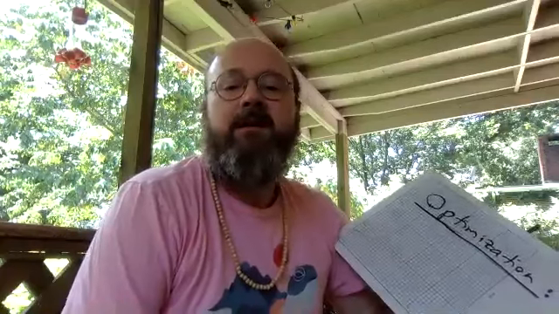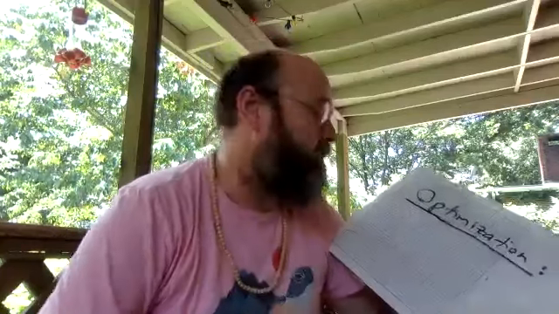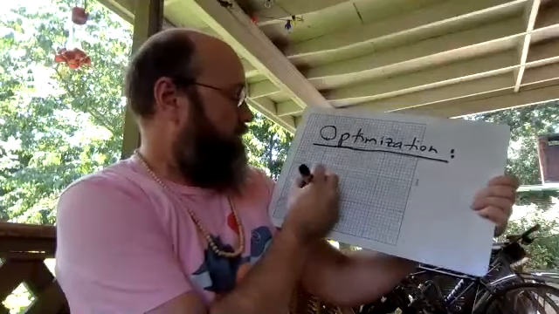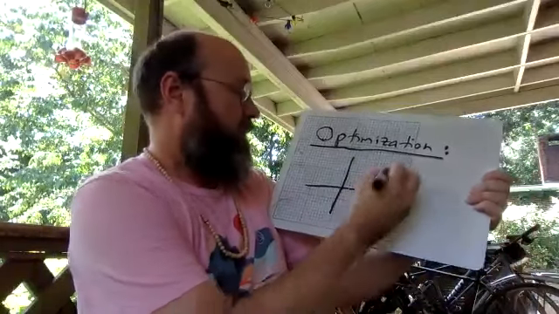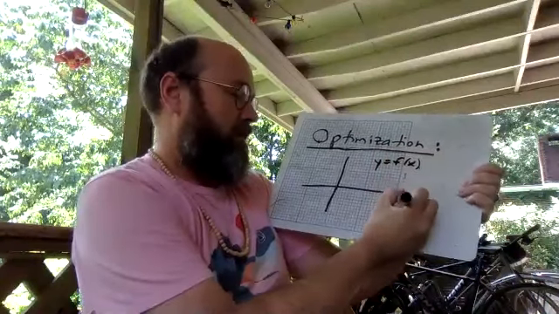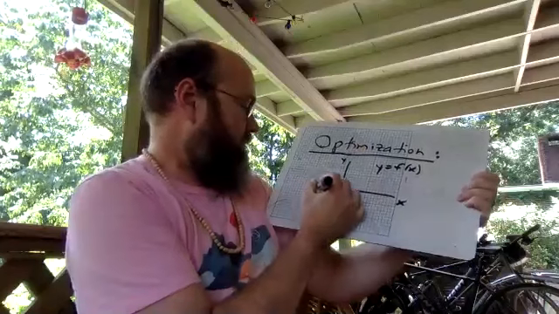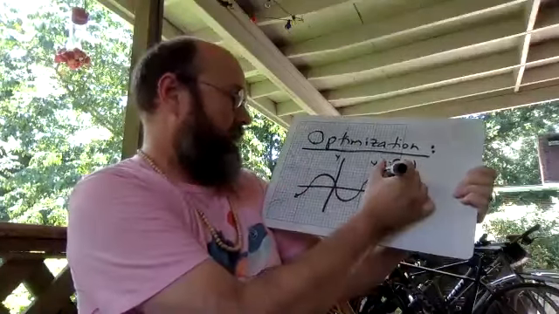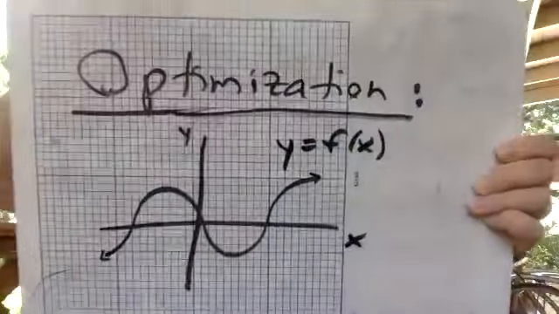And that's really nice because geometry and shapes and drawings are really intuitive to us. So the idea is you have a function. Let's say y equals f of x. And I'm just going to draw, this is my favorite function, something like that. Let's assume it rises and falls at the endpoints.